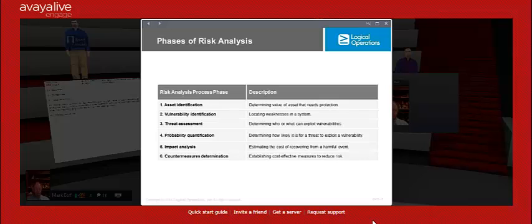The server is not properly hardened. It's got a bunch of ports open that don't need to be open. That provides an attack vector to that system.